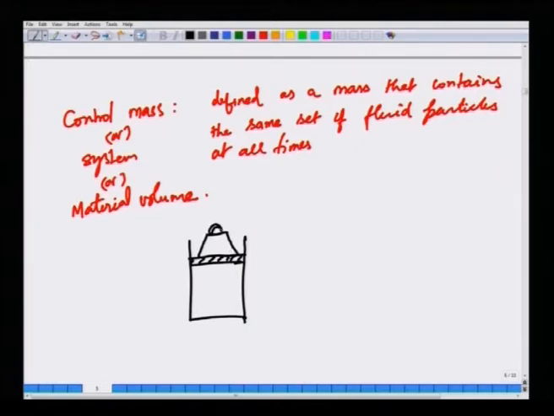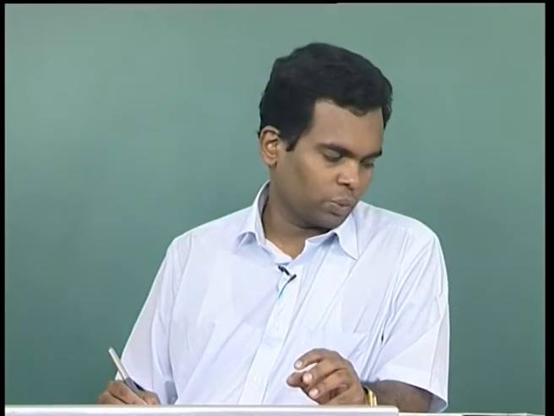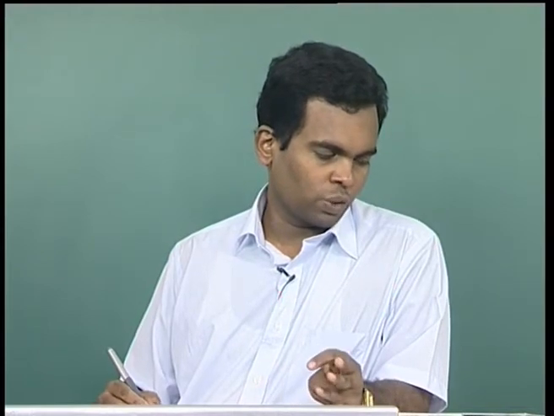Now, this dotted line inside contains gas, and as you increase the weight, as you compress this gas, this physical volume will shrink, but the material volume will have the same set of gas molecules or fluid particles. So, this is an example of a control mass. It has the same material.